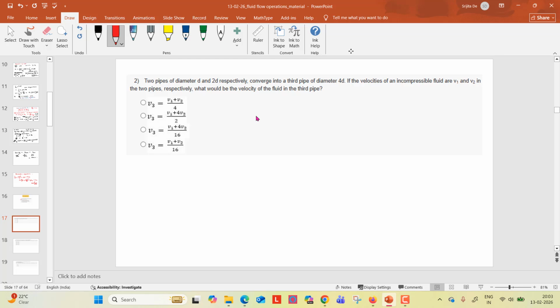Next, two pipes of diameter d and 2d respectively converge into a third pipe of diameter 4d, right? If the velocities of an incompressible fluid are v1 and v2 in the two pipes respectively, what would be the velocity of the fluid in the third pipe?